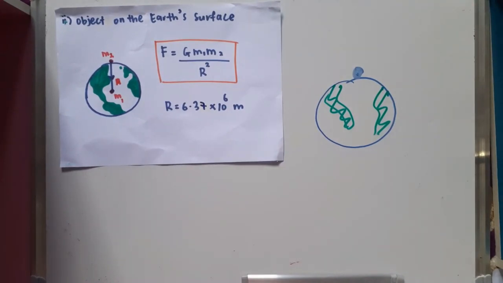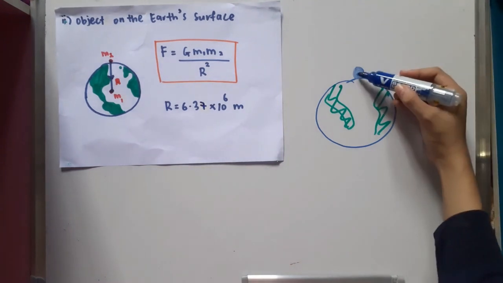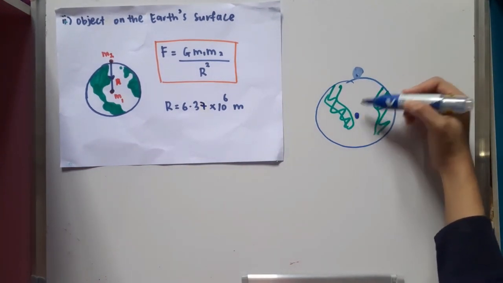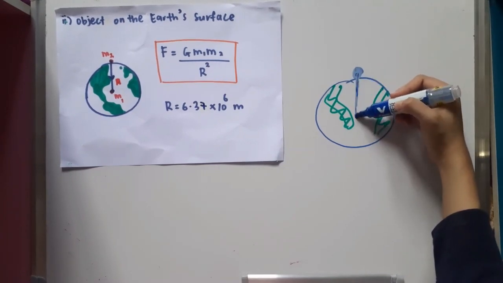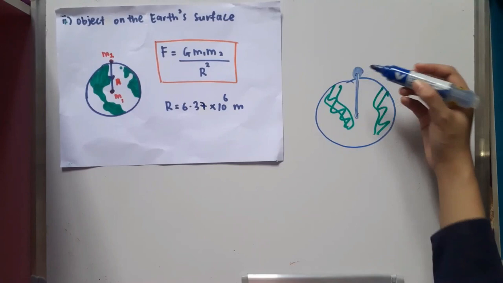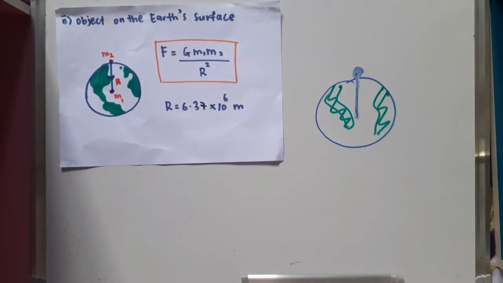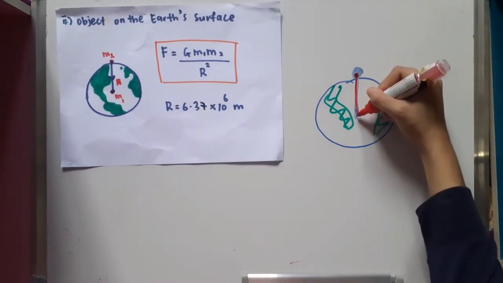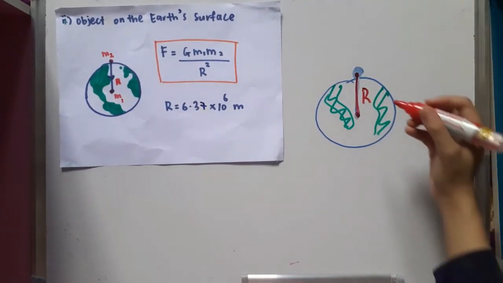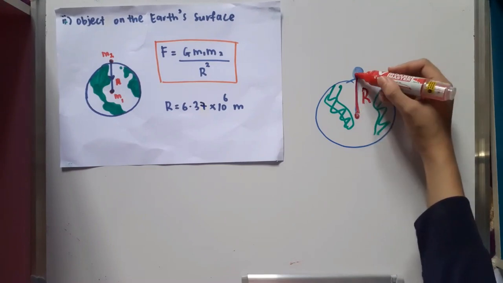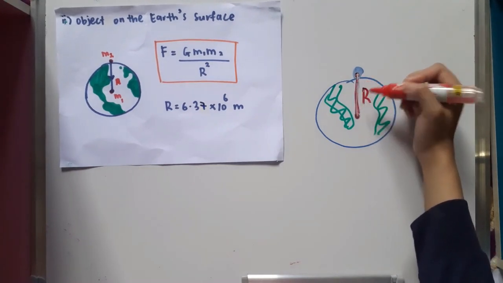So just now the formula is F is equal to G times mass 1 times mass 2 divided by distance, right? The distance is from the center of the Earth to the center of the object. The distance between the center of the Earth and the center of the object is equal to the radius of the Earth.